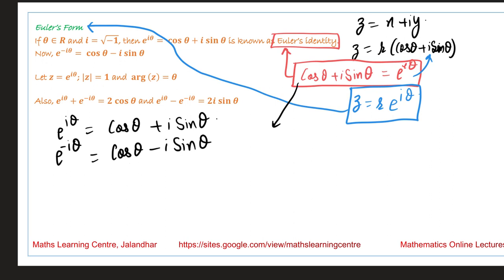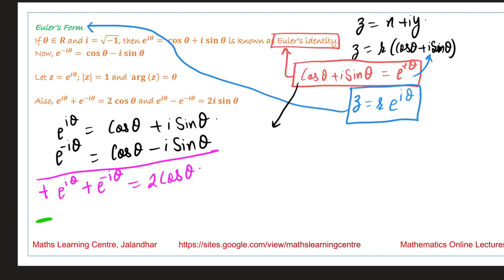If we add these two equations, we get e^(iθ) + e^(-iθ) = 2 cos θ. And if we subtract these two equations, we get e^(iθ) - e^(-iθ) = 2i sin θ.